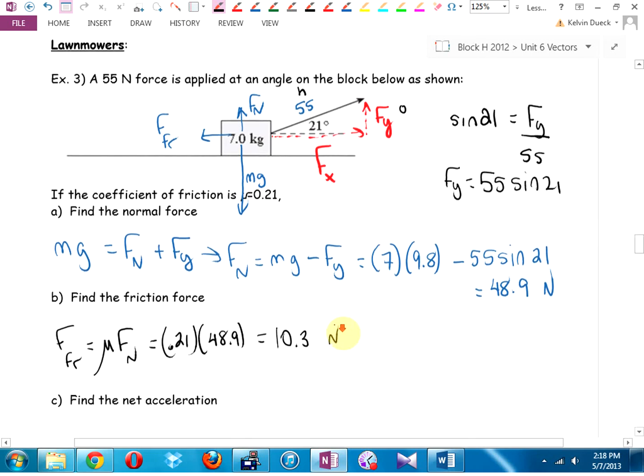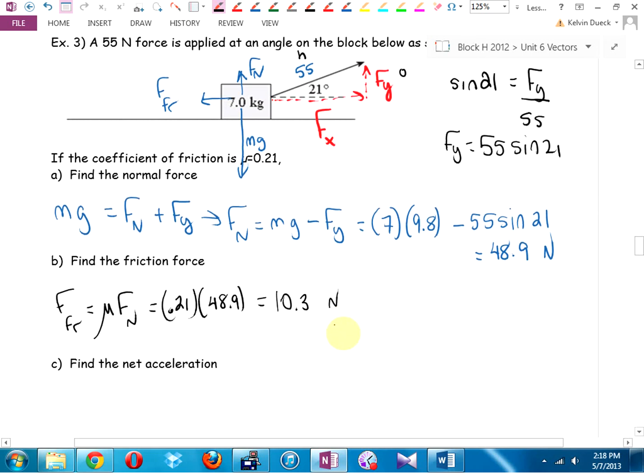Kelly, what does C want me to find? Who's winning? Look carefully at my free body diagram, and don't you dare say 55. That's a slanty angle. We're not going to be using that. Which way is this accelerating, do you think? To the right. Who's winning?